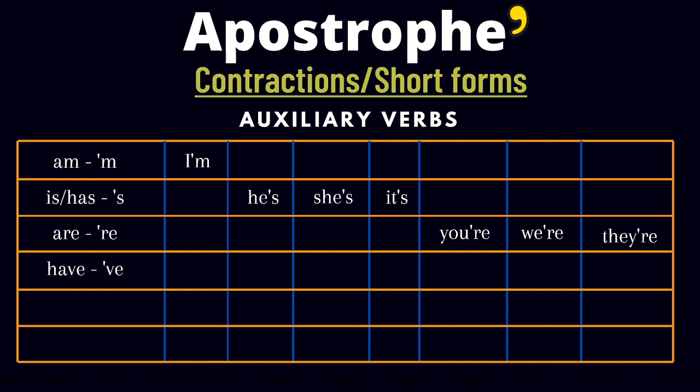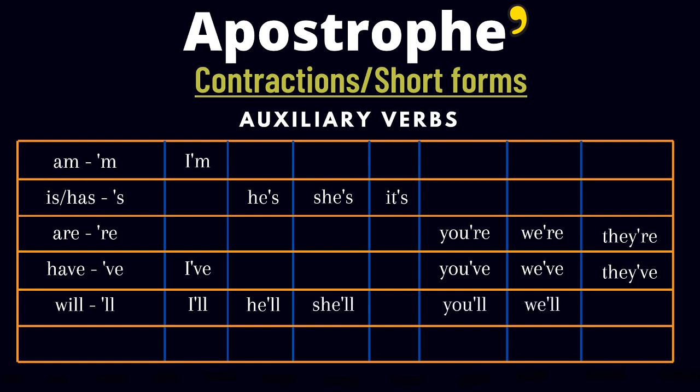Have becomes apostrophe ve, when it is used with pronouns: I've, you've, we've, they've. Will becomes apostrophe ll: I'll, he'll, she'll, you'll, we'll, they'll.